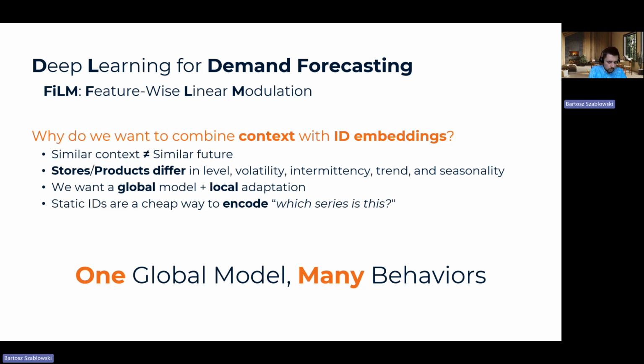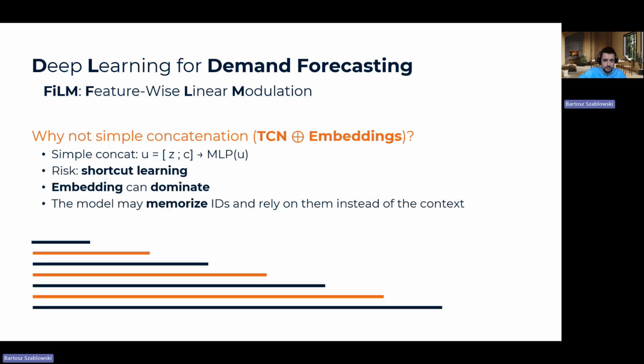So from the perspective of recent history, they may look very similar, but from the business perspective and in terms of future values, they can be very different. So I want the model to be global because that allows knowledge transfer across time series. But at the same time, I want to learn the identity of stores and products through static covariate embeddings.